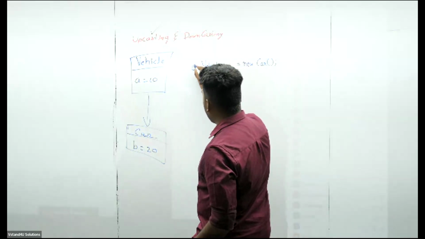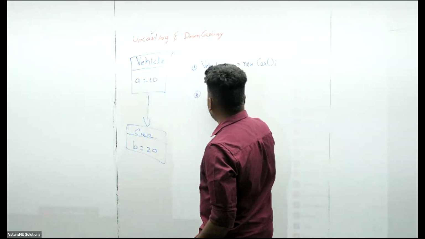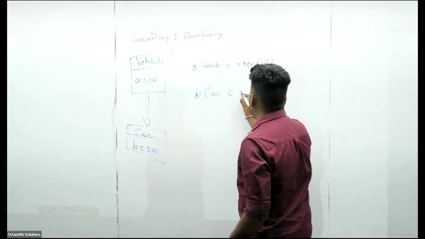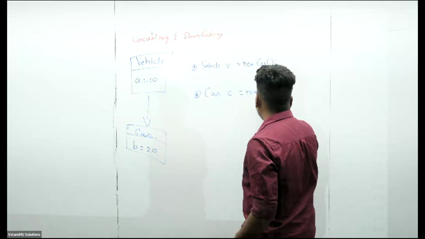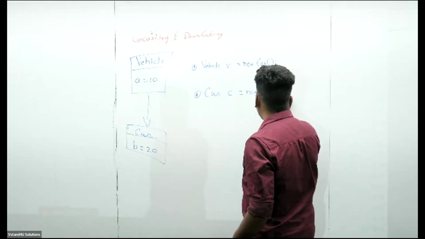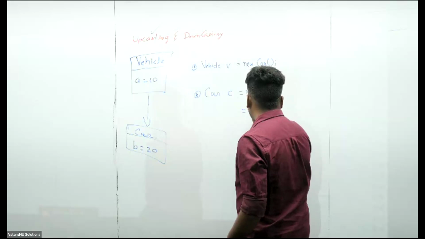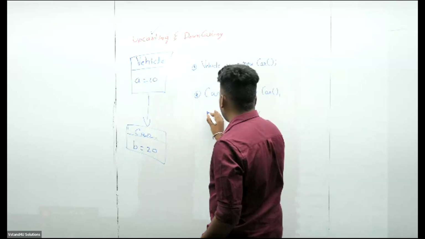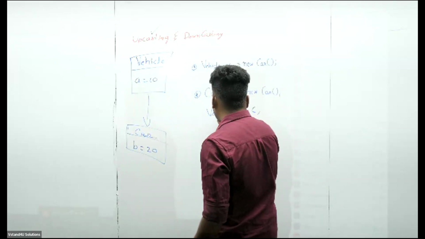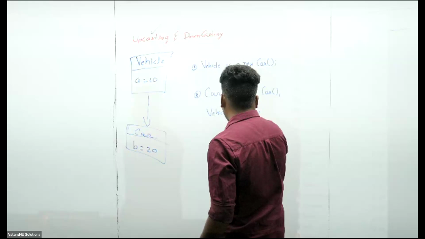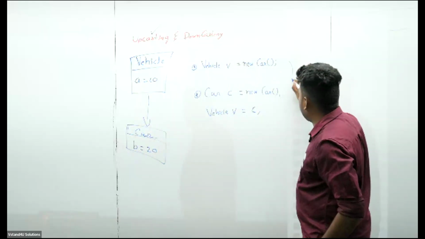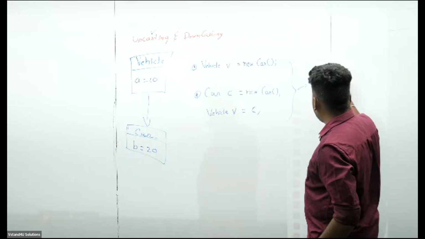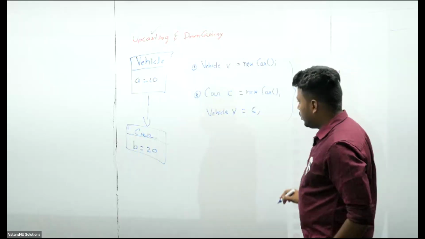This is one way. Car c equals new Car(). Then I need to store the car c reference into the superclass. This is the process of upcasting.